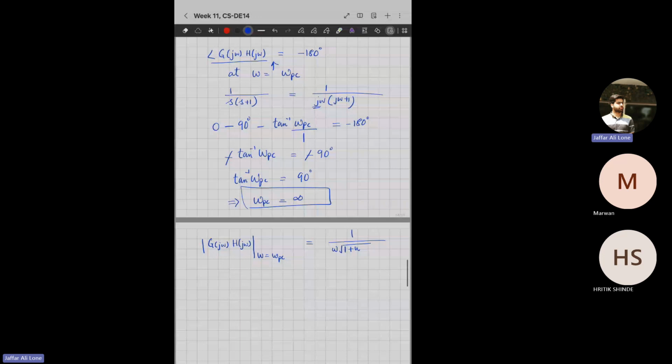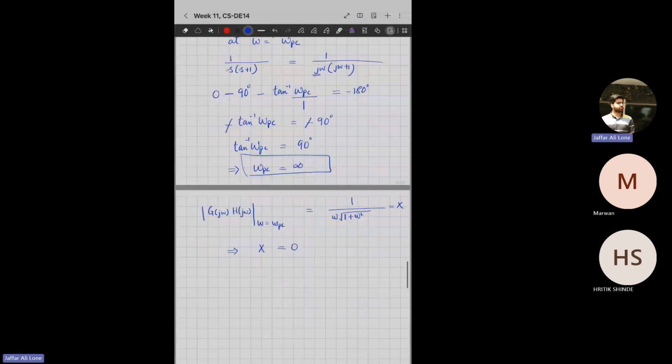So as omega goes to infinity, it is 1 by a huge number, and 1 by a huge number is 0. So it implies my x is 0. Right? So my magnitude x is equal to 0.